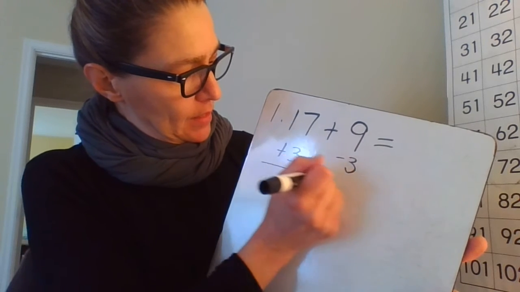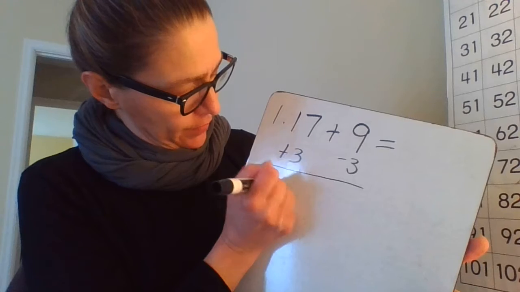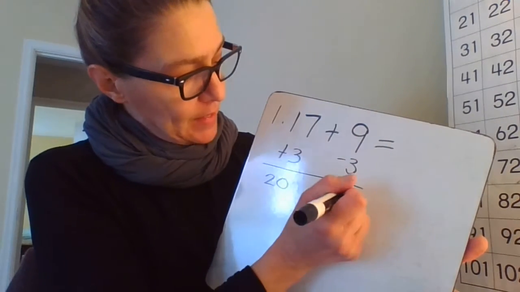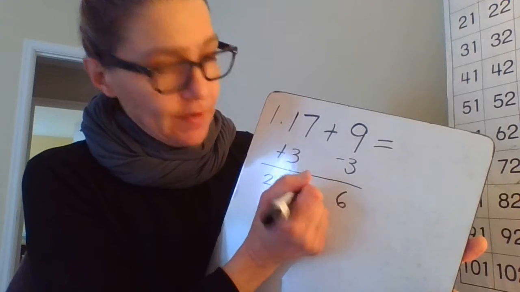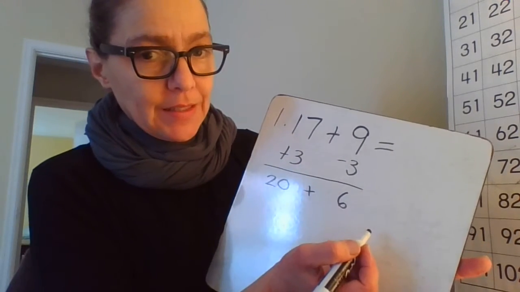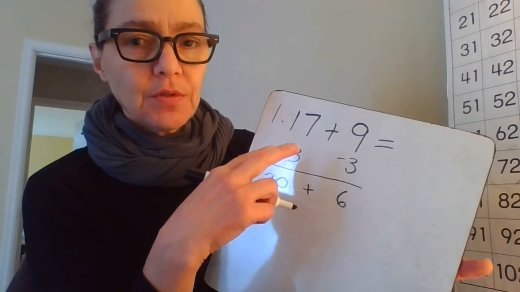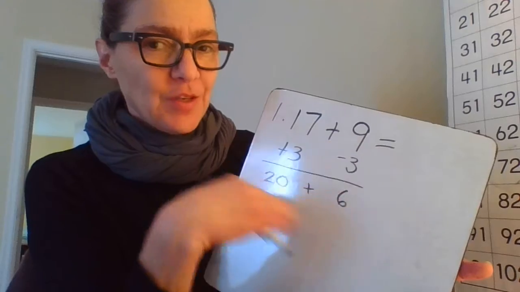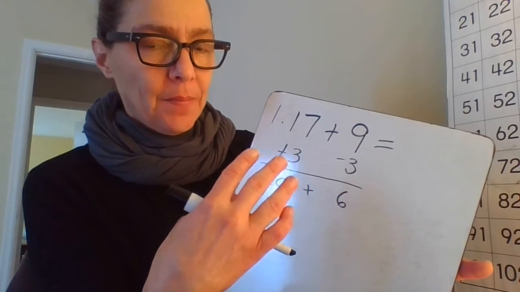the 17. Now I have 20, and I have 6 here. So I have a new equation. My equation is 20 plus 6. Now the values are different, but the total is going to be the same.